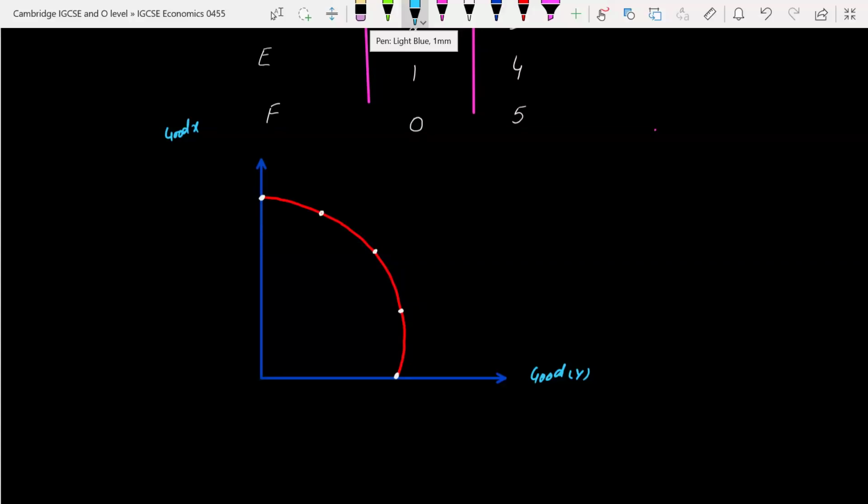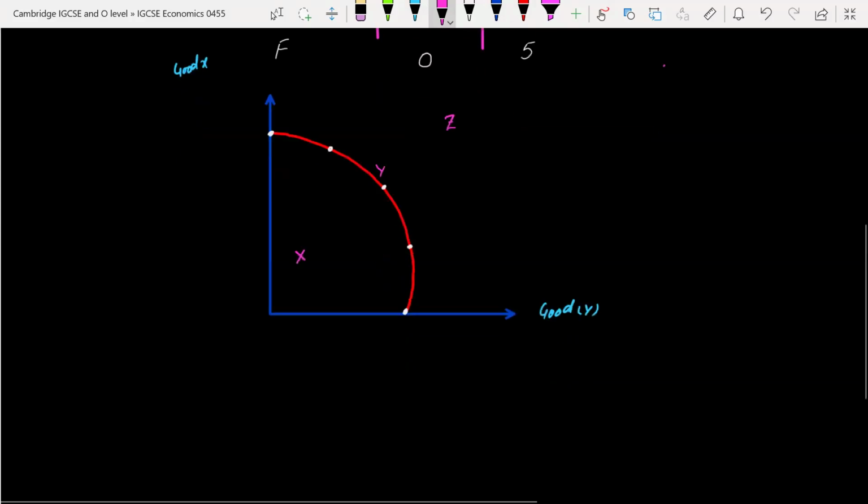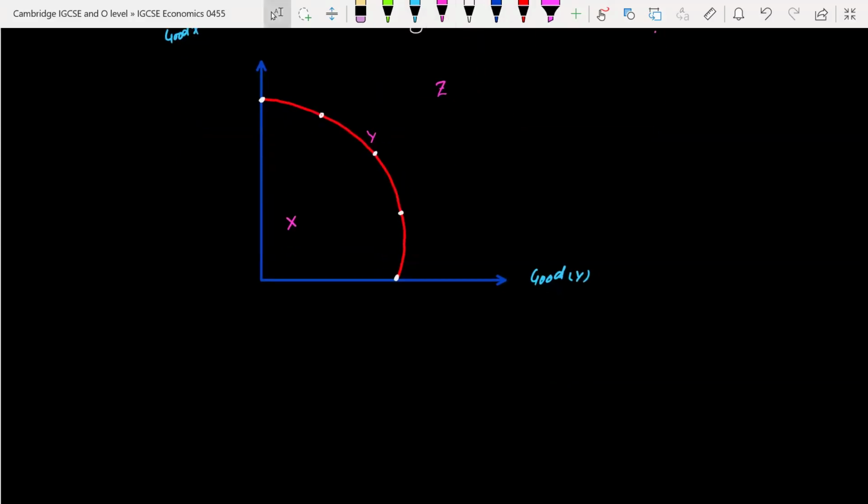For example, how the examiner will ask the questions. Here will be one point which is called X. All those points that lie on the curve, this is Y, and this one is the Z point. The examiner will ask what the point X shows in the diagram.